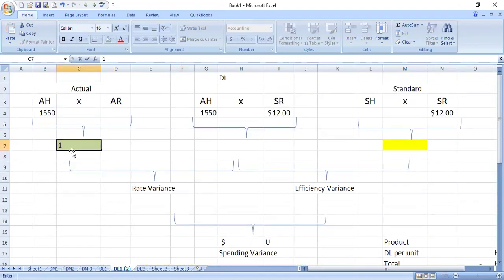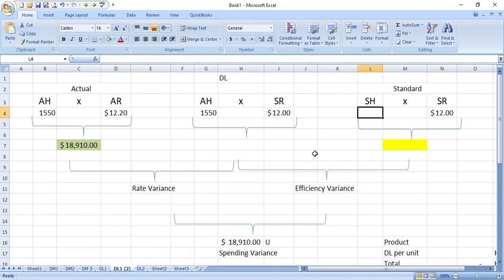So we pay $18,910 for the total hours that our workers spent. So our actual rate in this case will be $12.20. As you can see, the rate is going up.